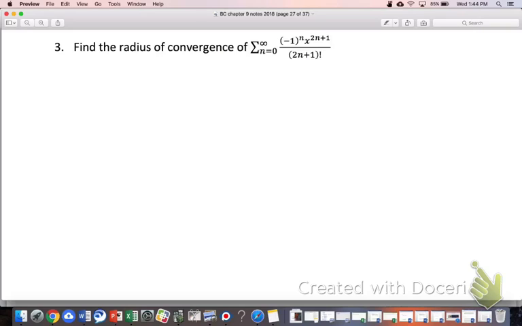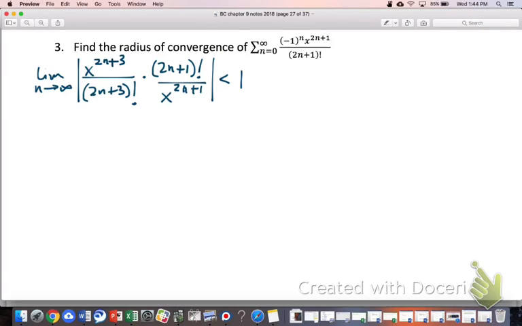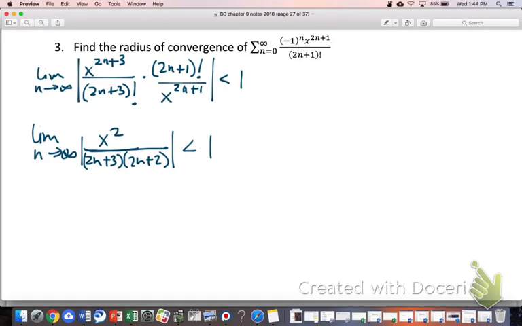So do you just ignore the alternating element? Did you get this for your initial ratio? Yeah. After you distributed and maybe added the 1 to the 2 and did all that? So hopefully pretty quickly you were able to reduce this down and see x squared over (2n plus 3)(2n plus 2) less than 1.